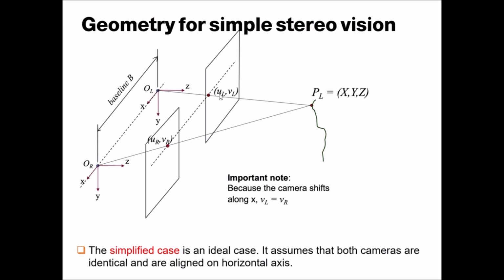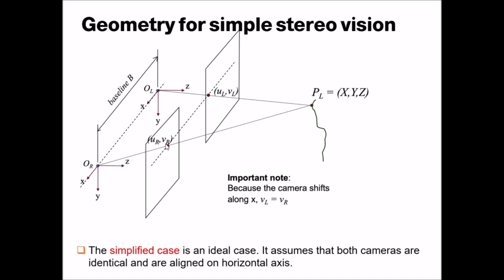Also the second camera, on the right side, has an image of this 3D point, and this point in the right camera image will be here. It also has a position UR, VR, which is X and Y.